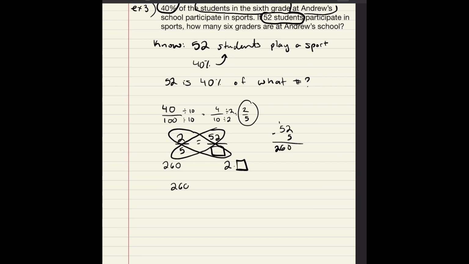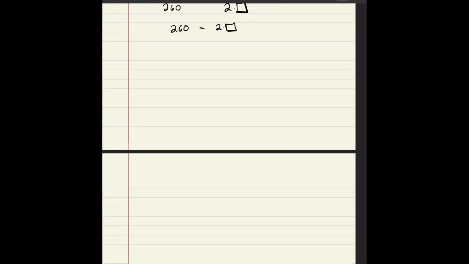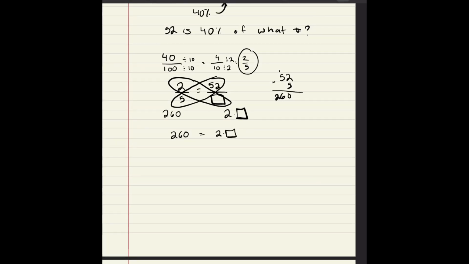Now I'm going to rewrite this as 260 equals 2 unknown. So now I need to divide the number with the unknown, which is 2, to both sides. So here's one side, here's the other side. The other side of the equal sign. These cancel out. And now my numerator falls down as divided by my denominator.